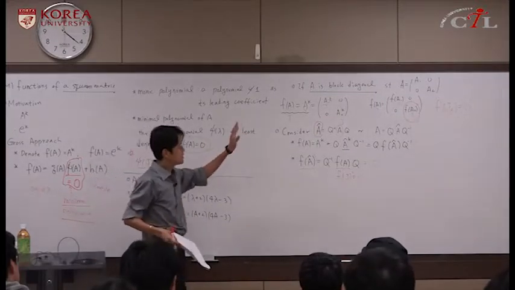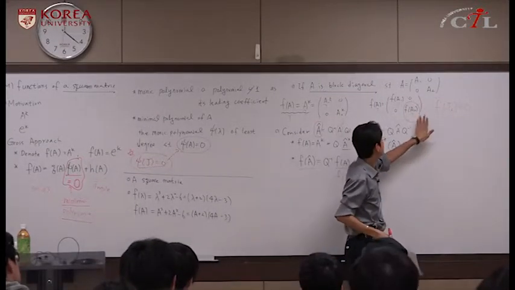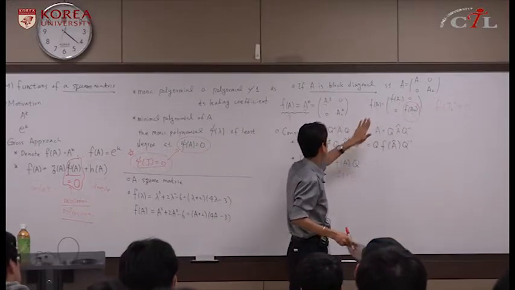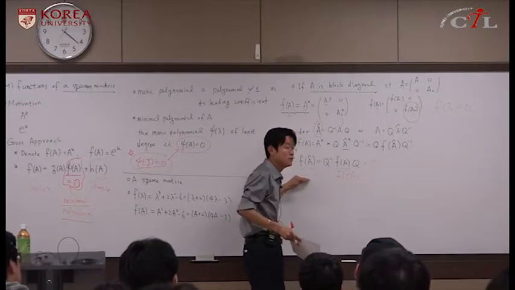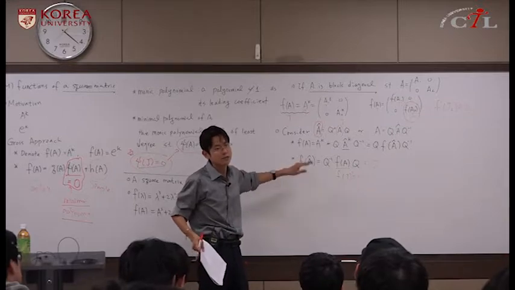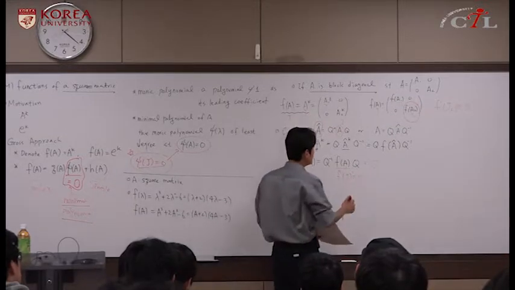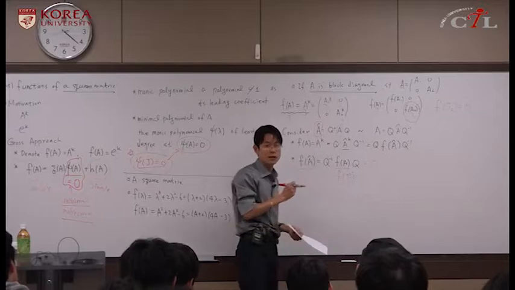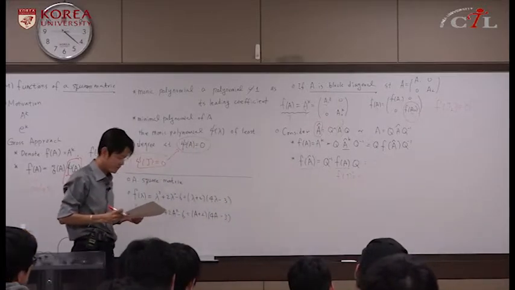If for a given Jordan block this is zero, then the total will be zero, and if this is zero, the original matrix will be zero. So let's find a minimal polynomial for one Jordan block. That's what we want to do.